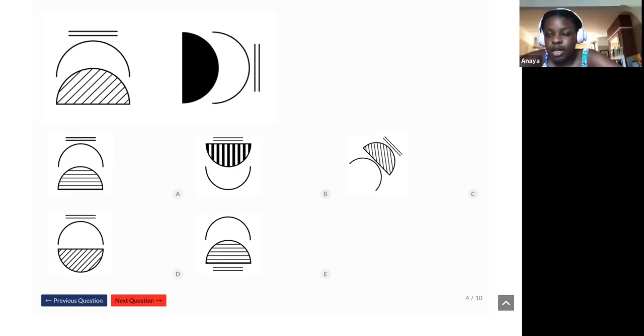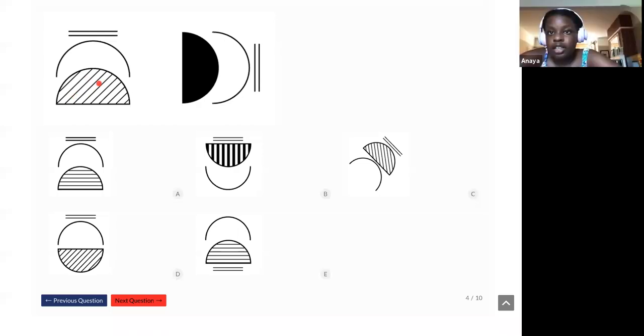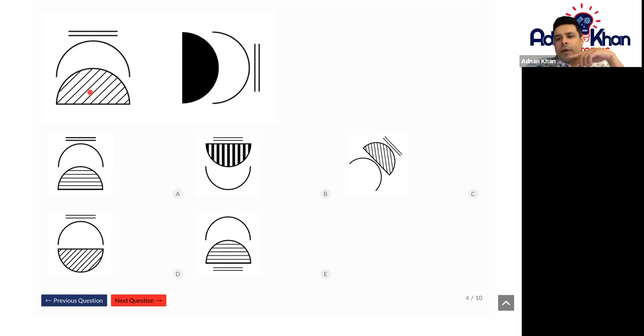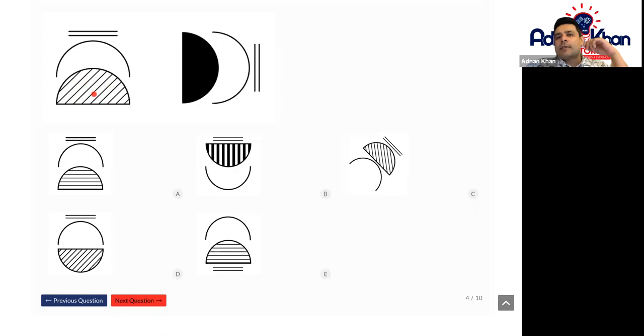I think it might be E. Did you say E? Yes. Okay, so if you look at this shape here, what do you start with? Just a semicircle, right? But here, what do you start with? Two lines. So we're not looking for that. We're looking for an answer that starts with a semicircle.